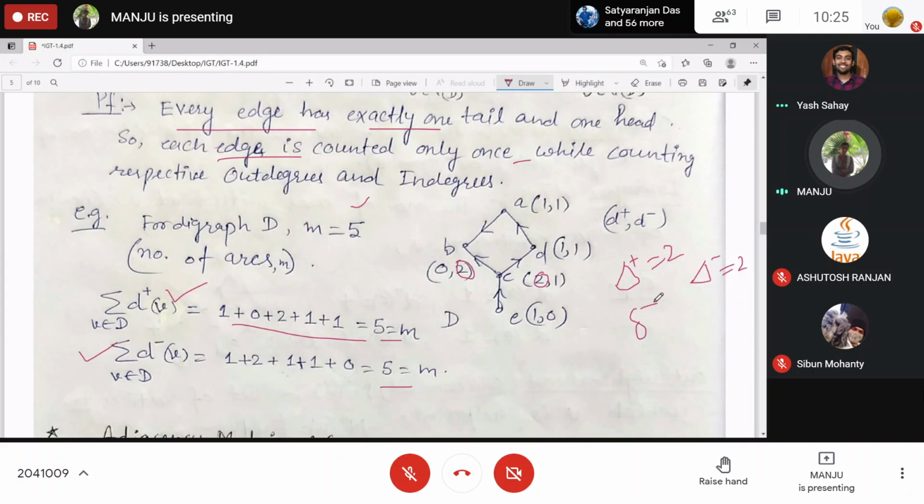Now minimum out degree is 0, corresponding to B, and minimum in degree is 0, corresponding to E. I hope it is clear to everybody. Yes, ma'am.